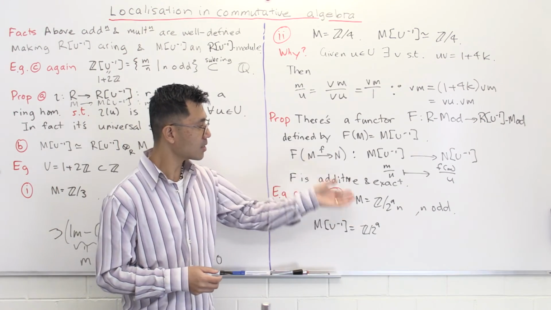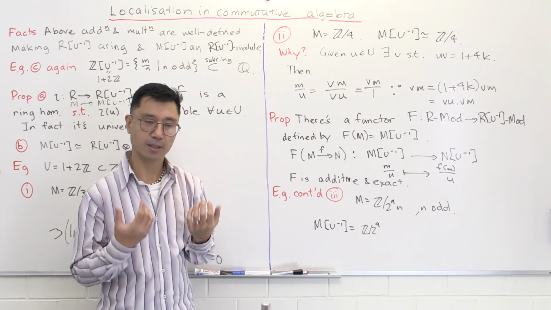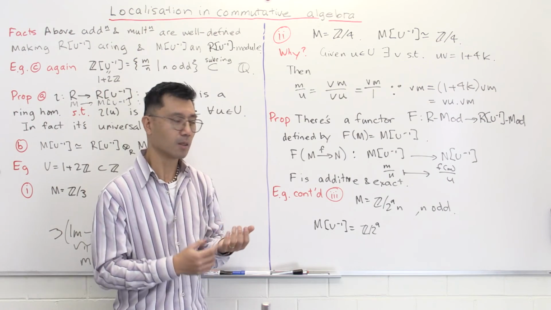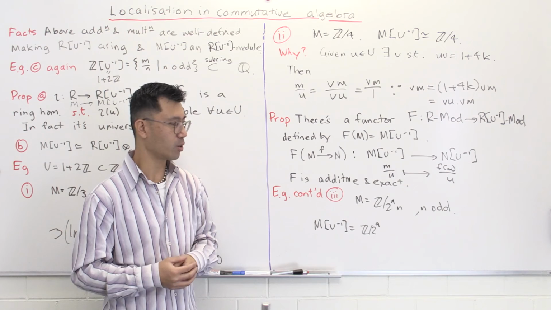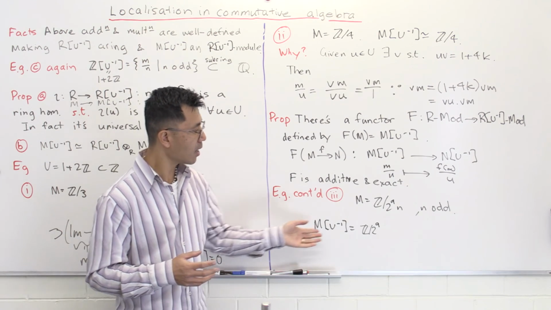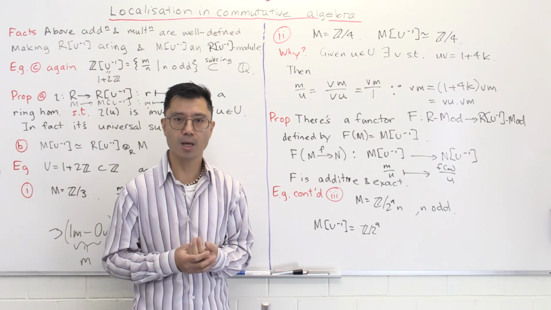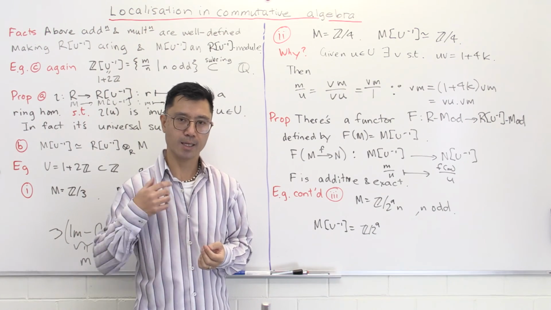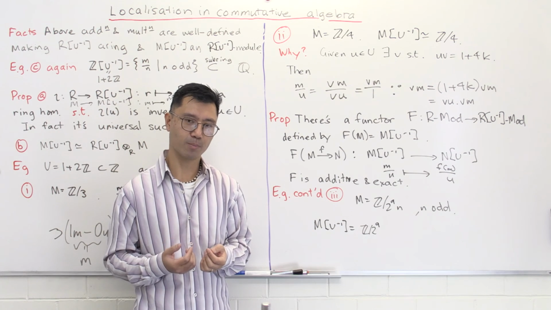So this is a very important proposition which allows you to calculate a lot of localizations of modules, and it tells you how the theory works. And this process of localization, of course, is very useful in algebraic geometry, but it's also very useful in number theory as well. I hope you enjoyed this adventure in pure mathematics.